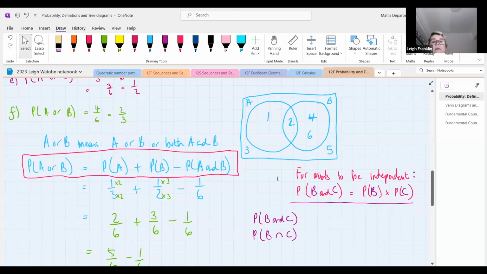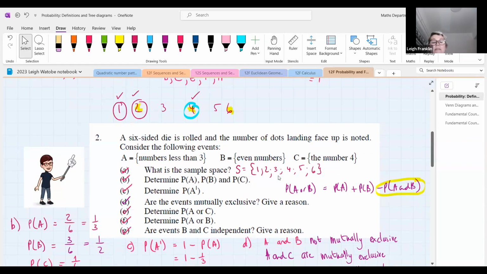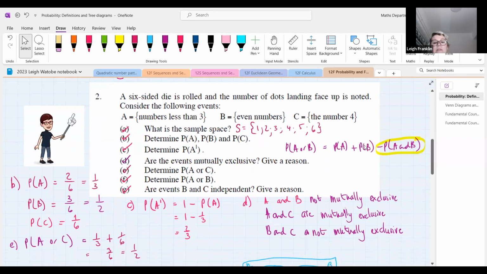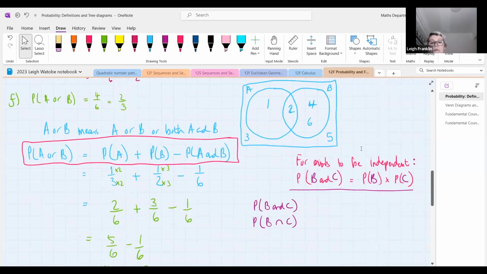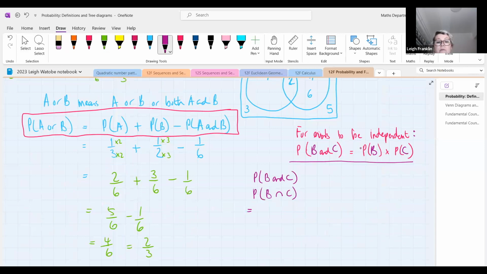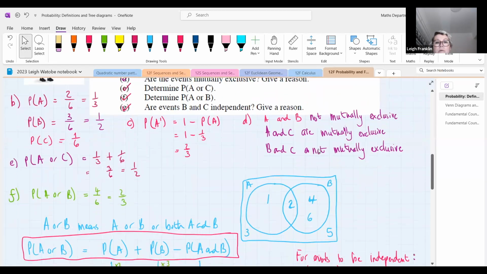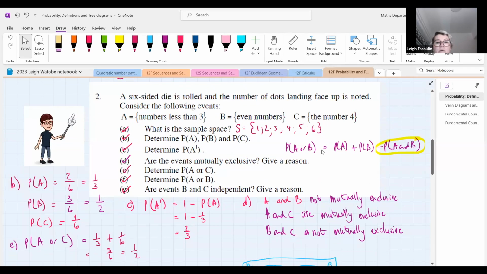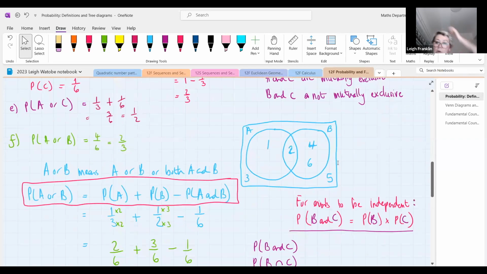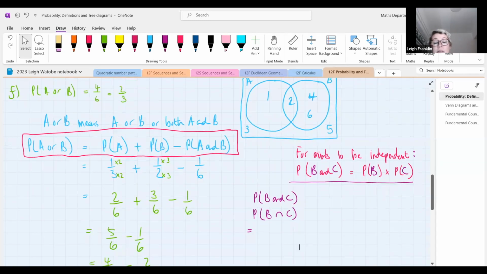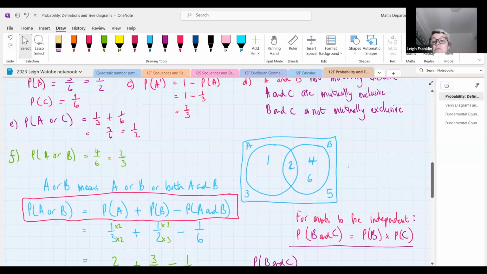So what is B and C? Remember, B is even numbers, C is 4. So if you want, I can draw another Venn diagram. Maybe that's easier. Okay, let me just scooch over.